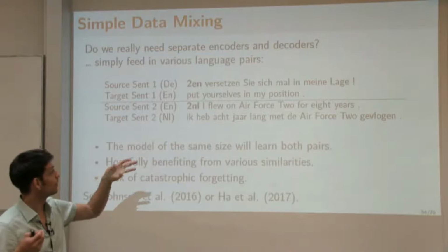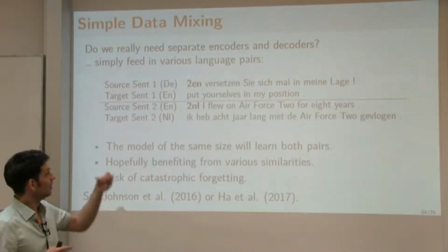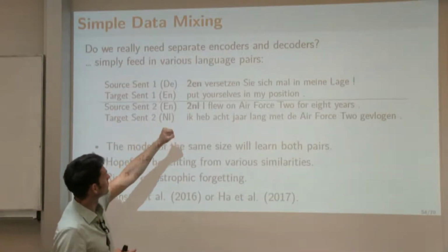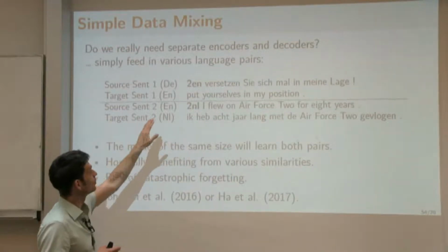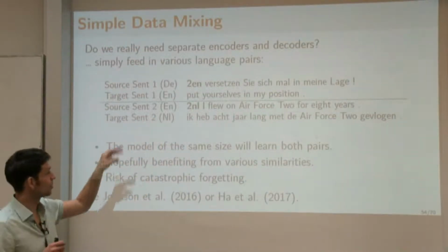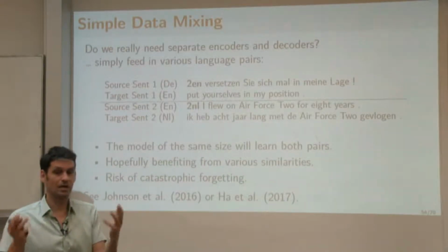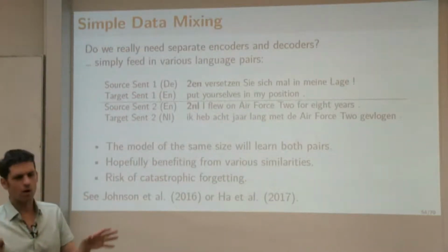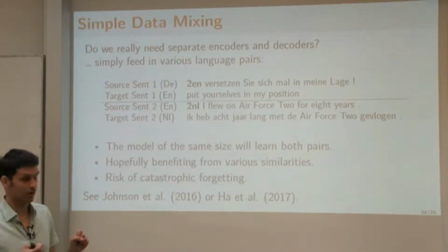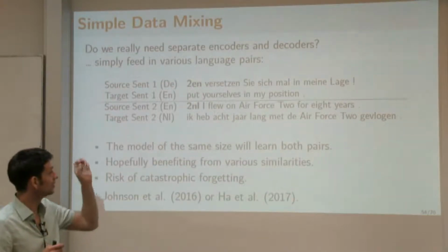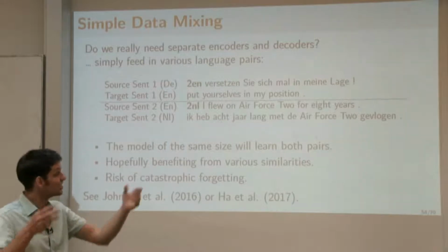And this token will be a special request: I'm giving you now the German sentence, but I would like you to translate it into English. So this token 2en means that now you are getting some input, you recognize the language by yourself, but I want you to produce the translation in English.